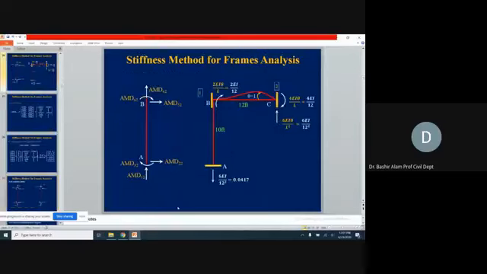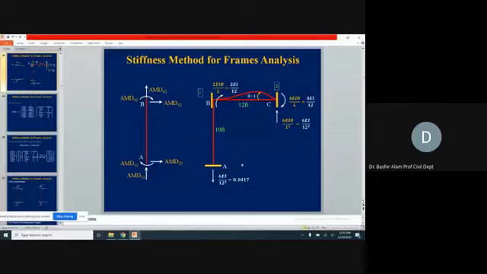Similarly, to complete the second column of the AMD matrix, corresponding to D2 we have applied, we again come to member AB: AMD 1,2, 2,2, 3,2, 4,2, 5,2, and 6,2. AMD 1,2 is minus 0.0417.